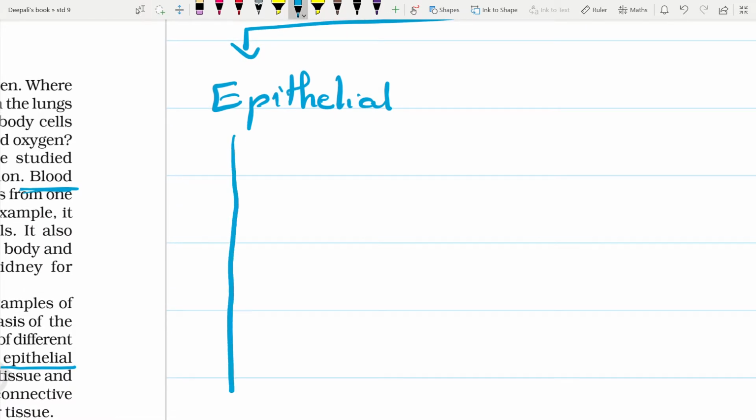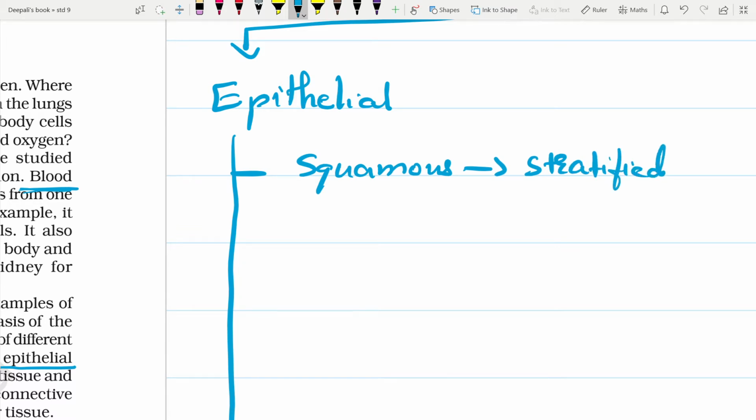According to their structure and function, they are divided into squamous epithelium, which is stratified squamous epithelial.